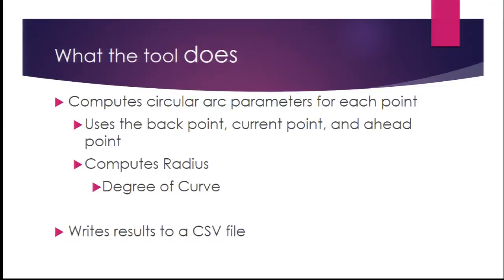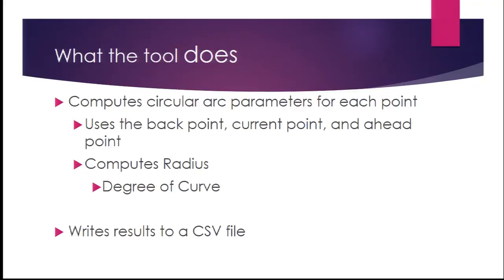It uses the back point, the current point, and the ahead point, and it computes radius and degree of curve and a few other things that you'll see soon. And it writes it out to a CSV file that you can then pull back into ArcMap as a point event layer.